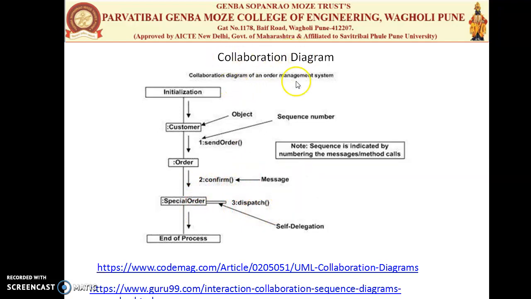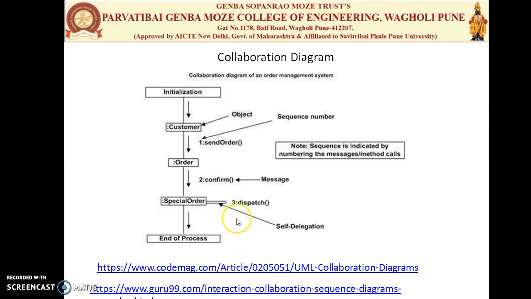So the collaboration diagram will give more sense of the system, which was not in the sequence diagram. The sequence diagram just gives the name of the method, but it will not verify the sequence which is provided in the collaboration diagram.